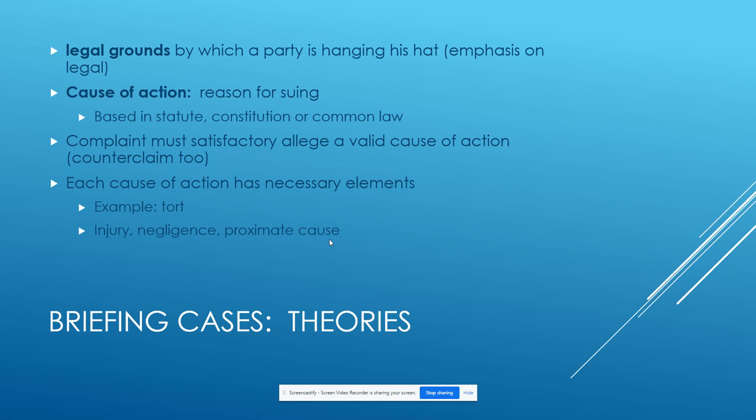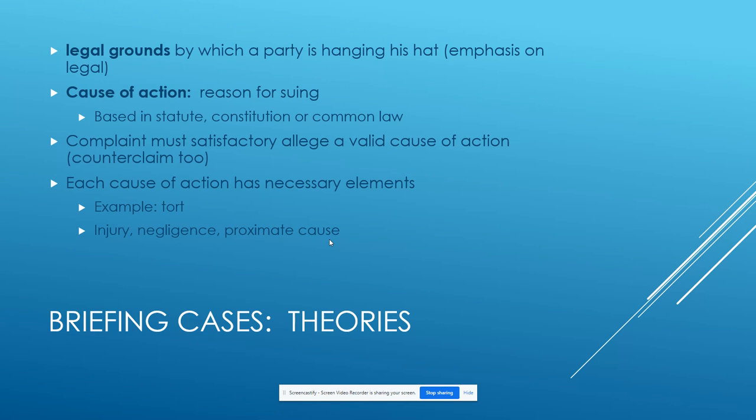So maybe it's a tort case brought on a negligence theory, or a breach of contract case brought for violation of a written contract. Your cause of action has to be based in a statute, a constitution, or common law.